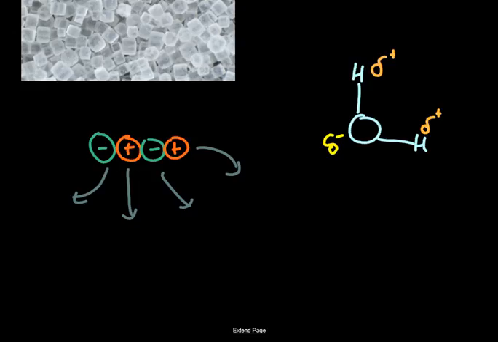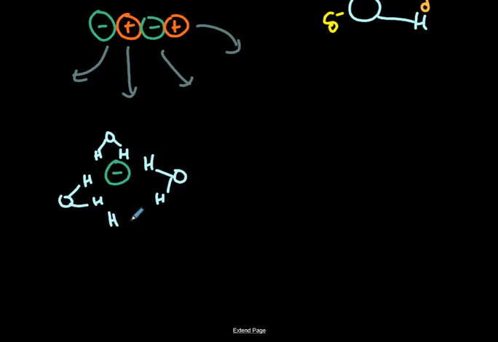What will happen is something like this: the negative ion will have an attraction for the positive side of water. So you'll get the crystal surrounded by water molecules, because those positively charged hydrogens will attract over, and water will literally surround it.